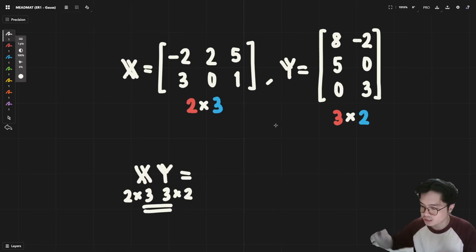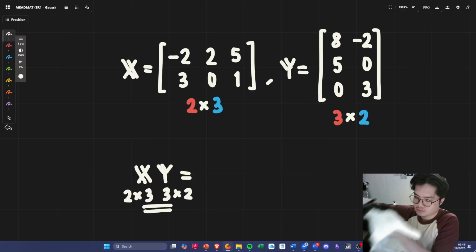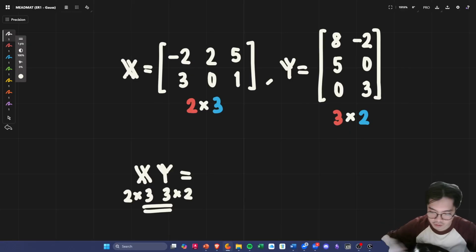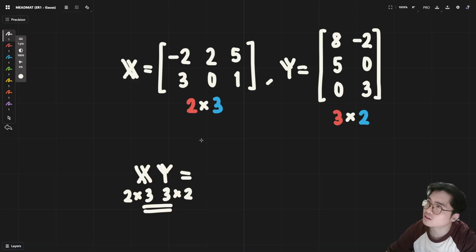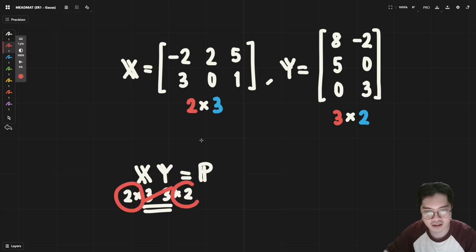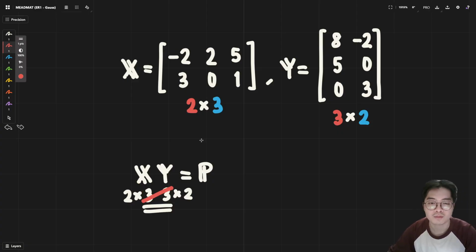And you will expect the result, let's just call that P for product. If you remove the middle numbers, this is the result. The resulting size, we can already know, is that your P is a 2 by 2 matrix. So how are we going to do something like this?